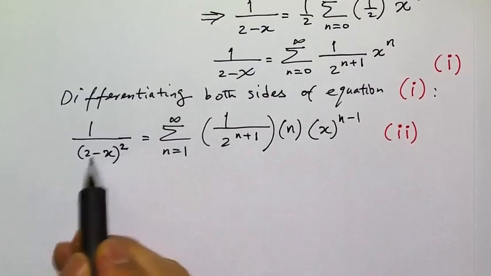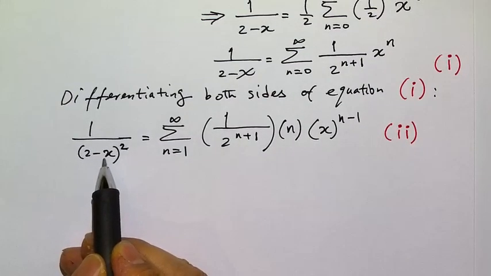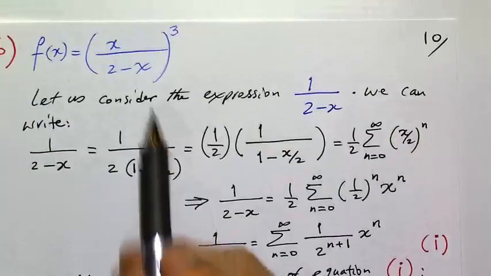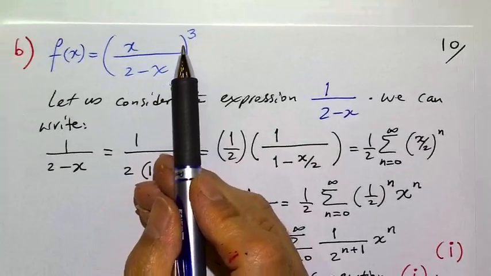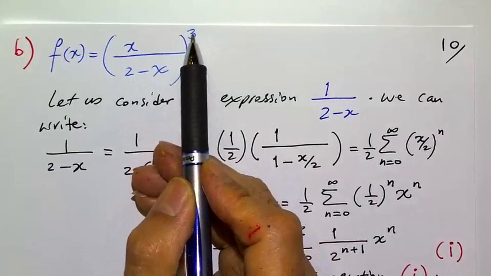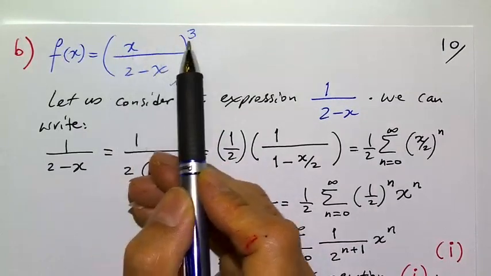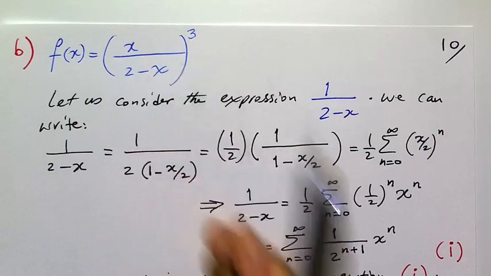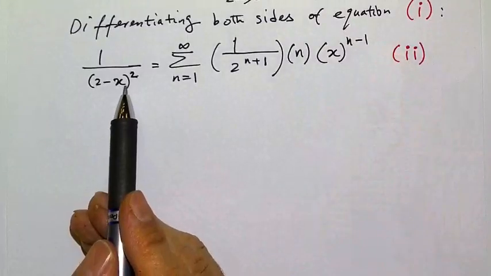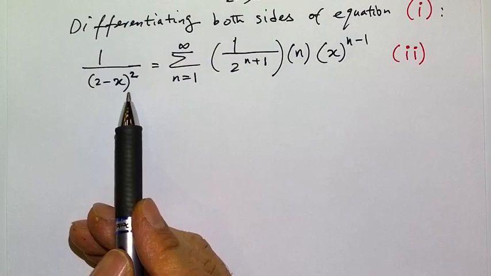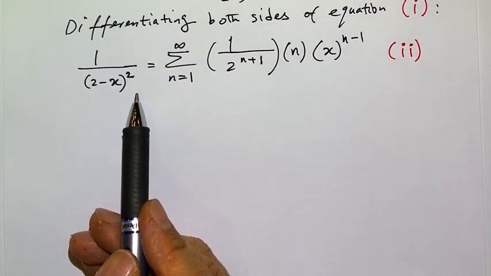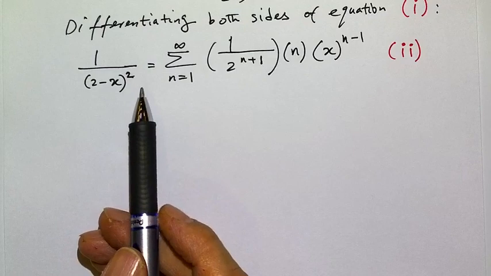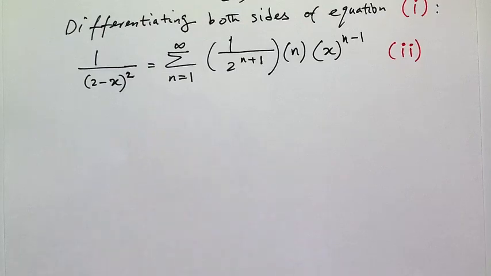So note that what we have on the left is still not 2 minus x cubed. If you distribute this power into these two terms, we get x cubed over 2 minus x cubed. We're still not there. So we need to take the derivative of this again.